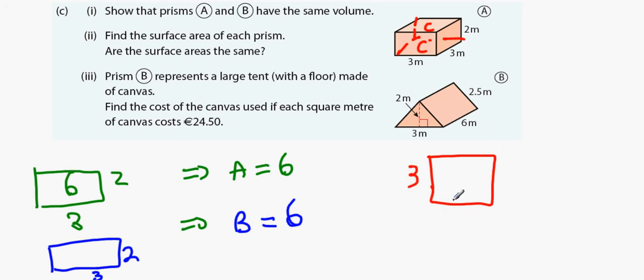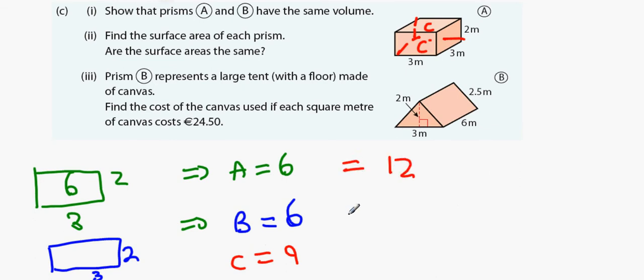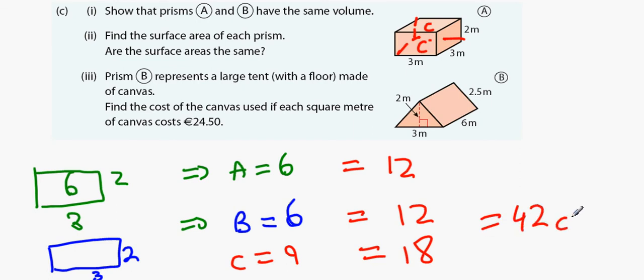Now, the key thing to remember is that there's two A's, two B's, and two C's. So it's going to be 12 plus 12 plus 18. So 18 plus 24. It's going to be 42 centimeters squared, right? So that's what the surface area of prism A is.